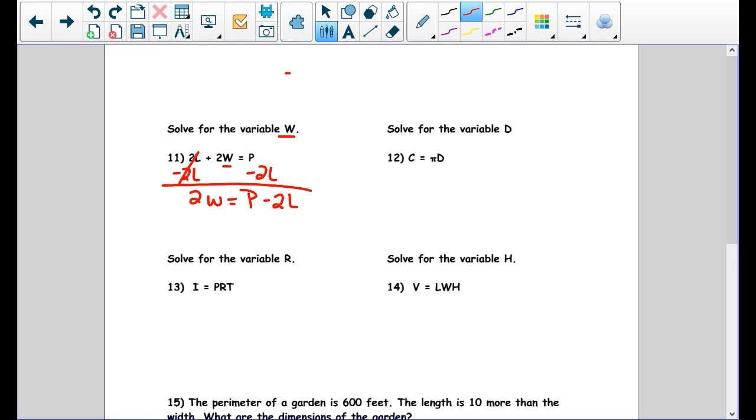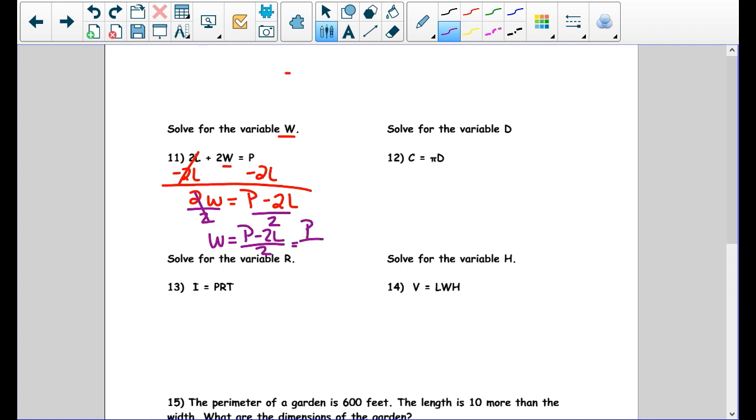Now I have 2W. How do I get W by itself? Now I'm going to divide. So dividing by 2. 2 divided by 2 is 1. So 1W. And you can leave it just like this, as a big fraction. If you want to, you could separate it. If you separate it, you need to put the 2 with both parts.